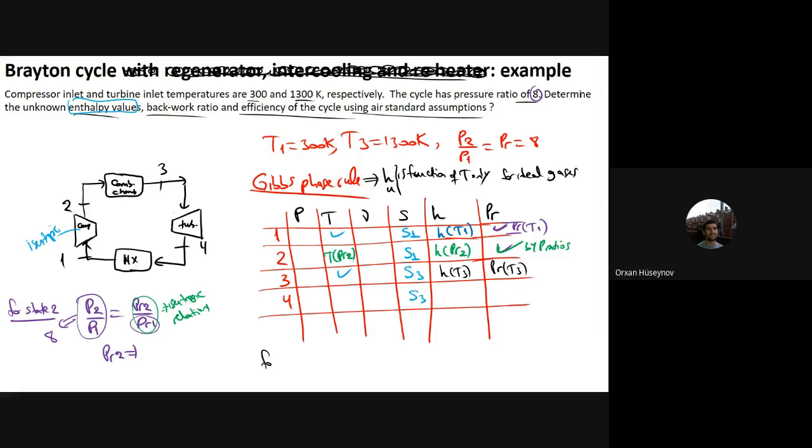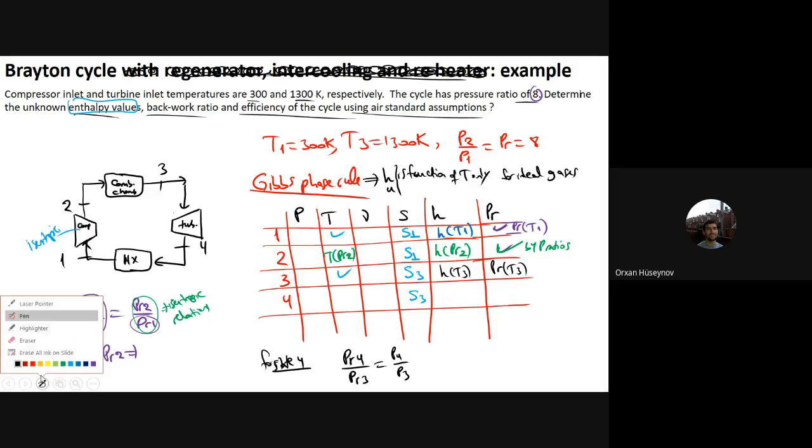And for state 4, what I will do is that I will find that PR4 divided by PR3 will be equal to P4 divided by P3.